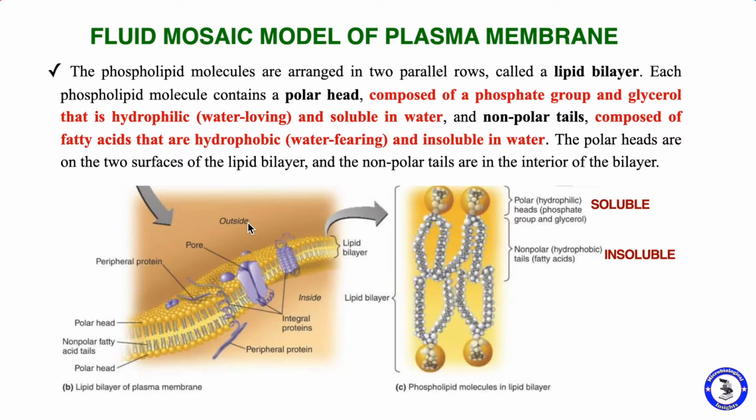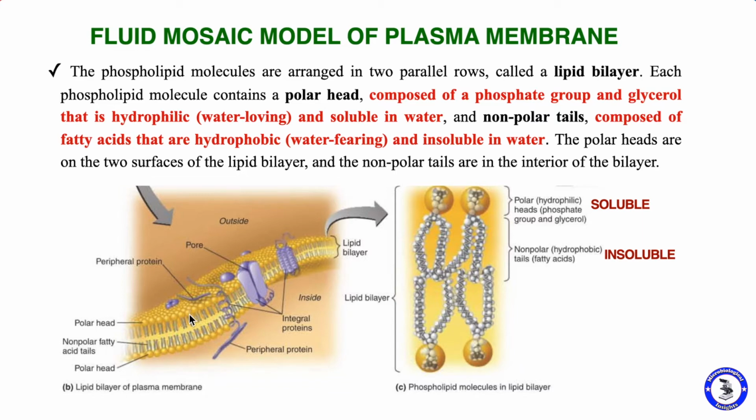The phospholipid molecules are arranged to form the lipid bilayer. Here you can see one layer of phospholipid molecules and this is another layer of phospholipid molecules, which together form the lipid bilayer. These two layers are parallel to each other, and this is the polar head and this is the non-polar fatty acid tails.